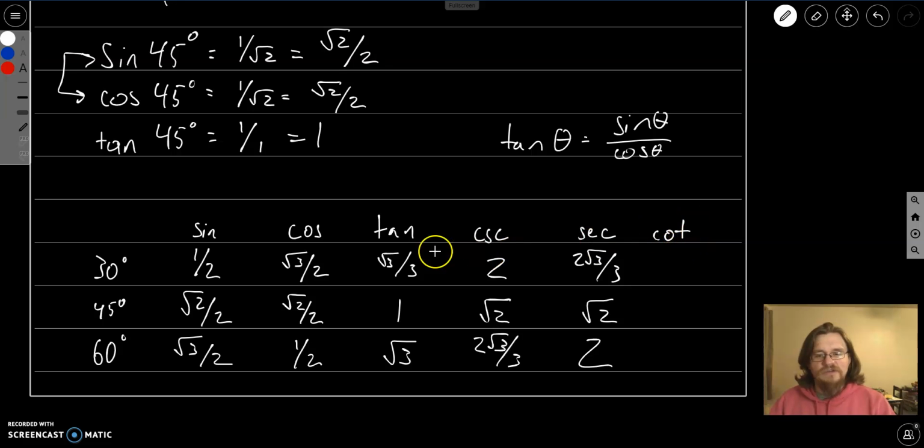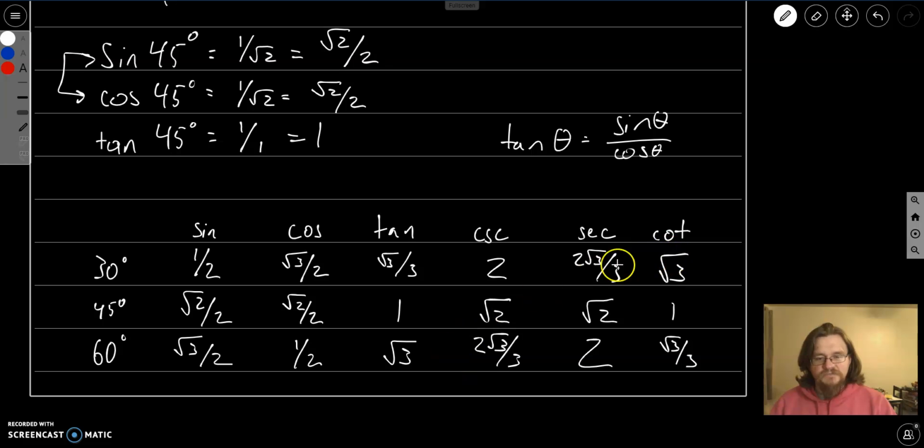And then cotangent and tangent, these are co-functions, and tangent is going to be the reciprocal of cotangent. So there's lots of relationships between the tangent and cotangent. So this will be the square root of 3, 1, and root 3 over 3.